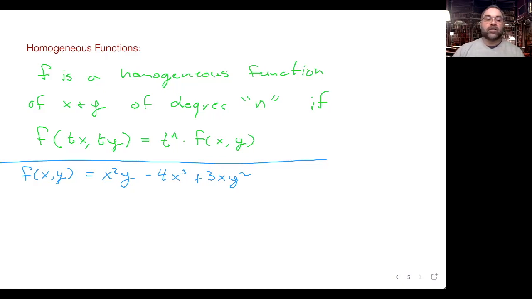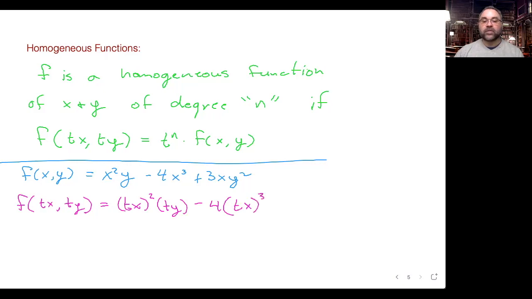What you do is you take your function and put tx and ty into the same function. So where we had x squared, I now have tx quantity squared. And where I had y, I have ty, minus 4 times tx quantity cubed, and 3 times tx times ty quantity squared.